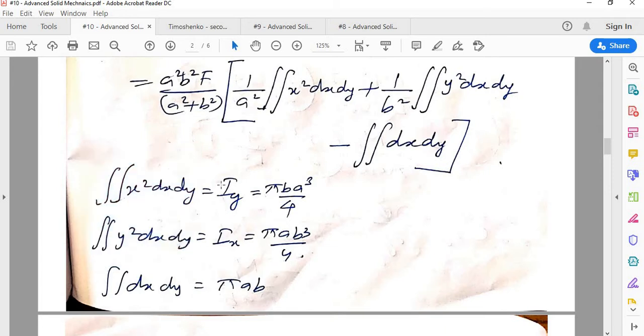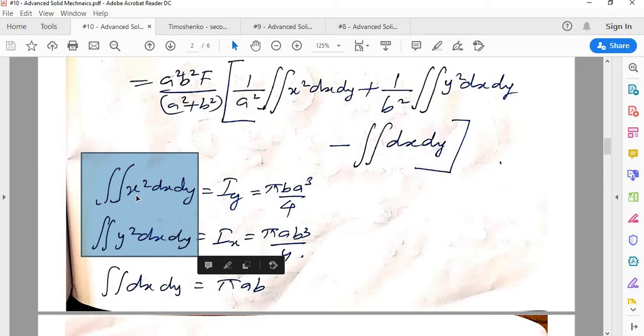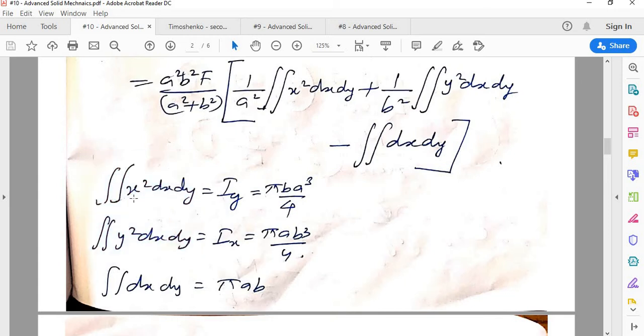Actually these terms are not used to validate Ix and Iy; rather, terms similar to Ix and Iy originate from these steps, because in the derivation from first principles we see terms like double integral x square dx dy and double integral y square dx dy, not just in the torsional problem but in other problems as well. Anyway, that is just a side note.